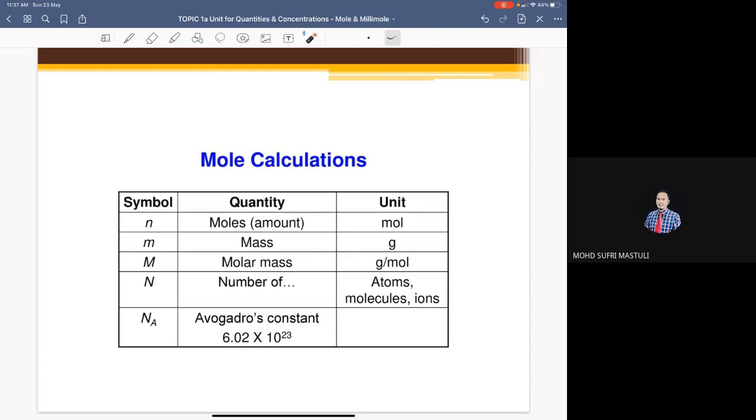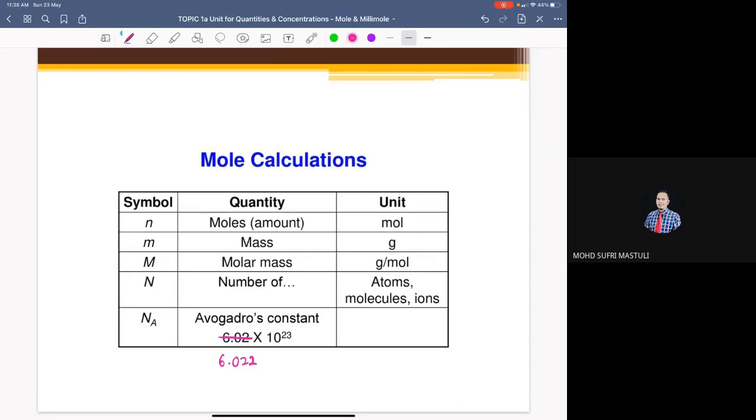The number of anything, a number of atoms, molecules or ions, the symbol is N. So the Avogadro number, the symbol N_A, you can change into 6.022 times 10 to the power of 23.